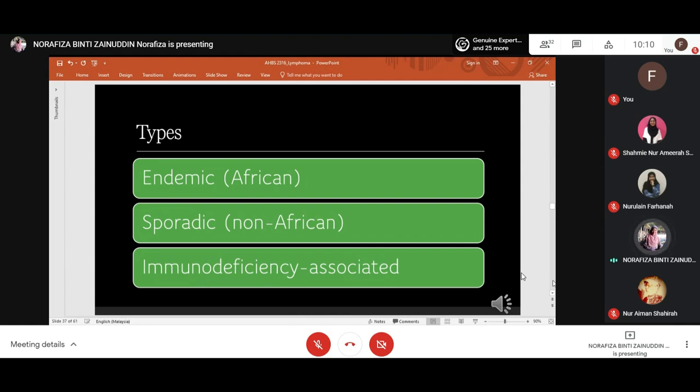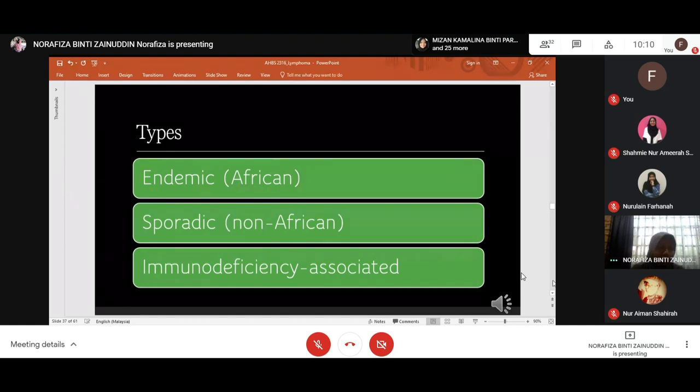The endemic Burkitt's lymphoma usually affects African children of 4 to 7 years of age. The sporadic one occurs worldwide, usually 1 to 2% of cases in the US. Immunodeficiency associated accounts for 30 to 40% of patients with HIV, and can also occur in people with congenital conditions which cause immune deficiency, and also those who receive organ transplants and are under immunosuppressive drugs.